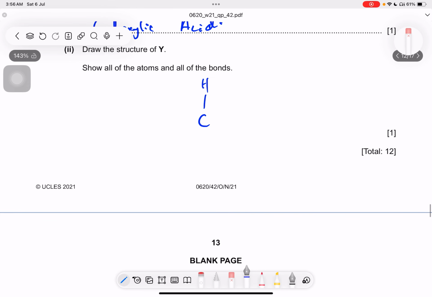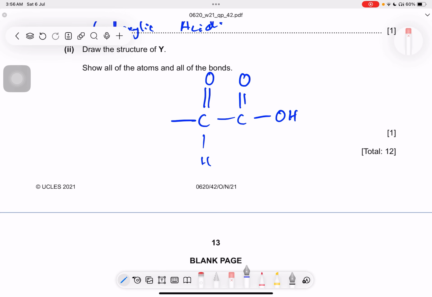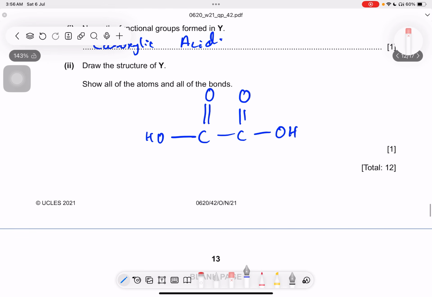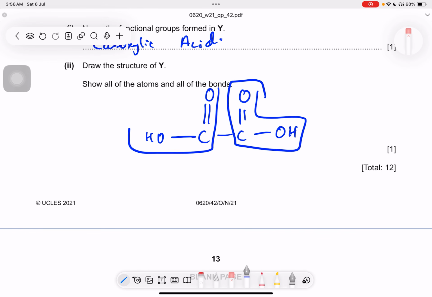So CH, CH, the same, and over here, the OH will remain, and we'll have this double bond, COOH, and similarly over here COOH. So ethanedioic acid is like this, two functional groups of the carboxylic acids.